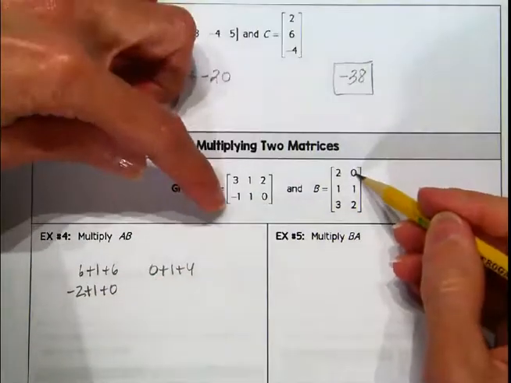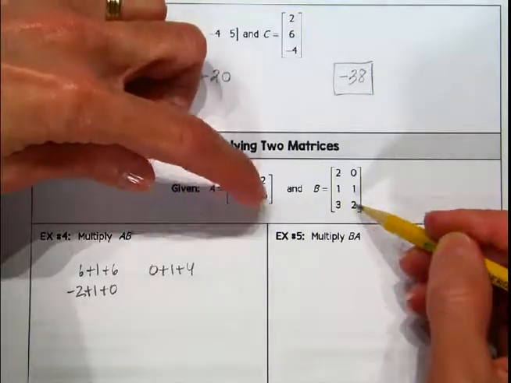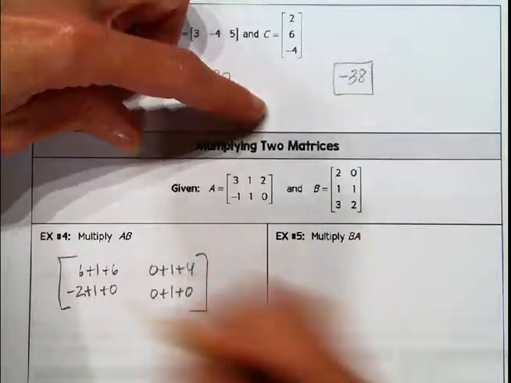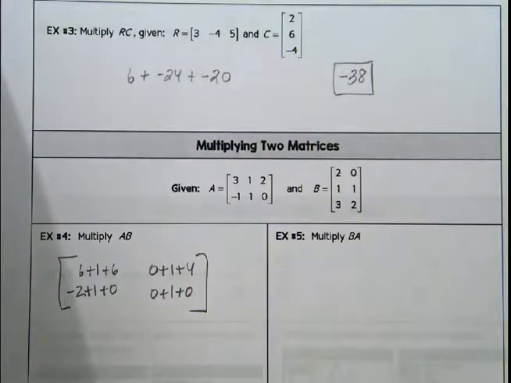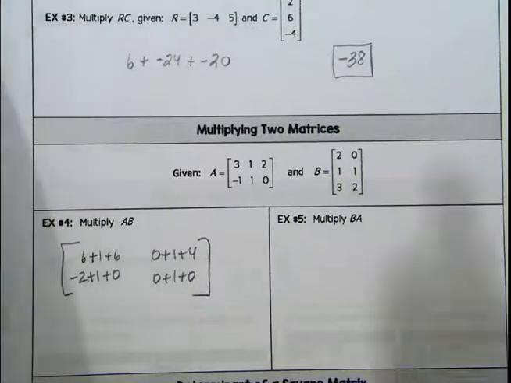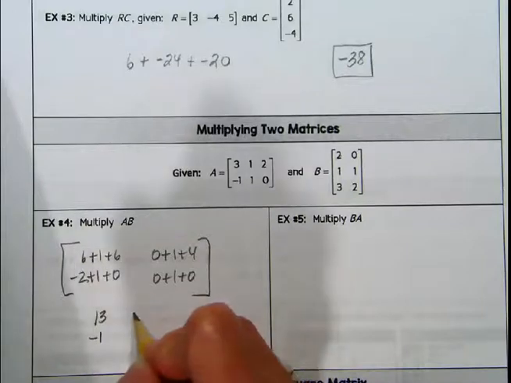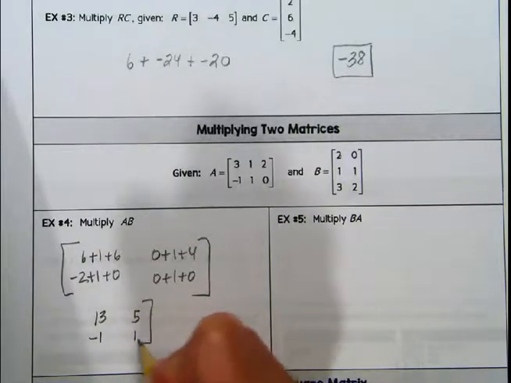And then 0 plus 1 plus 0. I wrote out the steps. I don't always do that. A lot of times I just do it in my head, but sometimes you get such large numbers, it's kind of difficult. So this would give us 13, -1, 5, and 1.